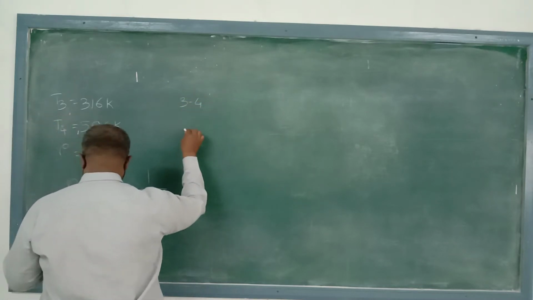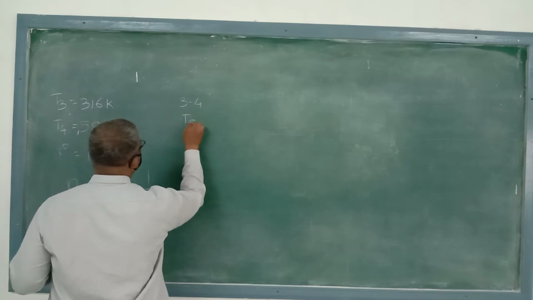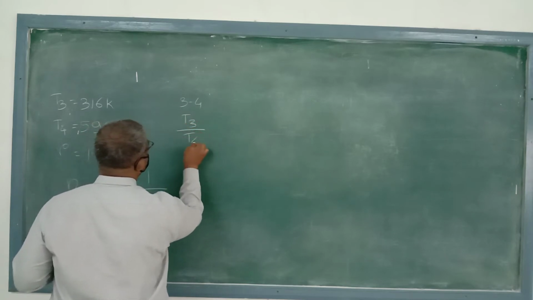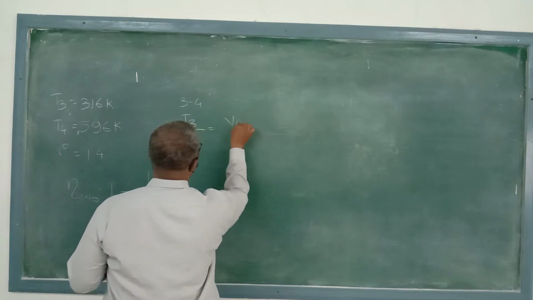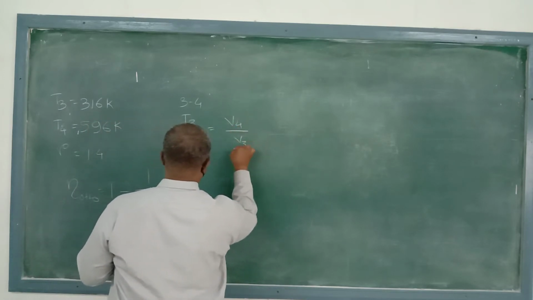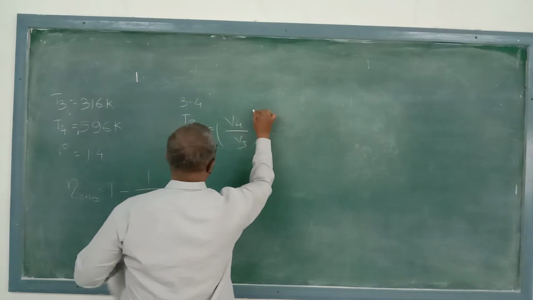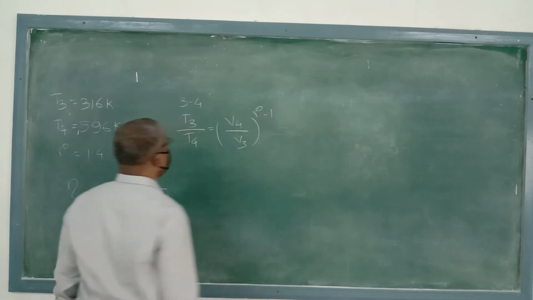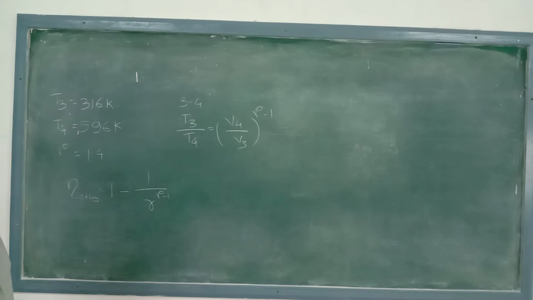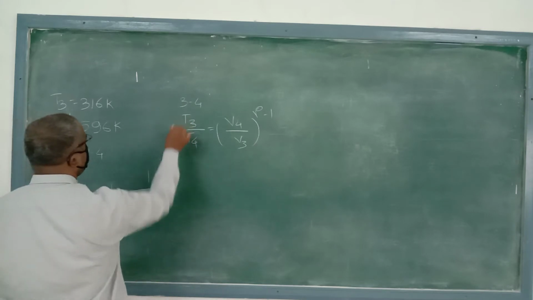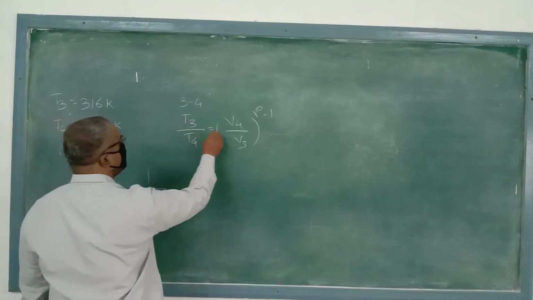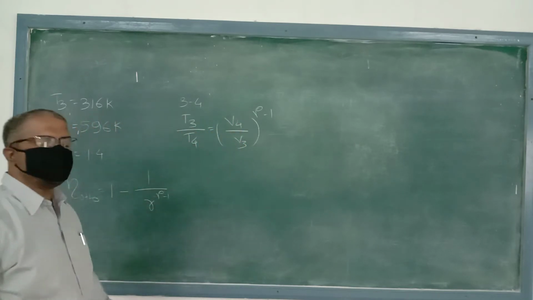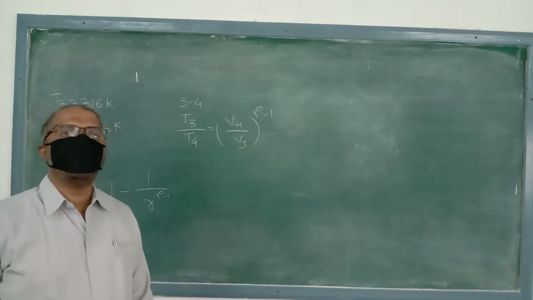So we know the relation between temperature and volume during the isentropic compression process: T3 upon T4 is equal to V4 upon V3 raised to gamma minus 1.